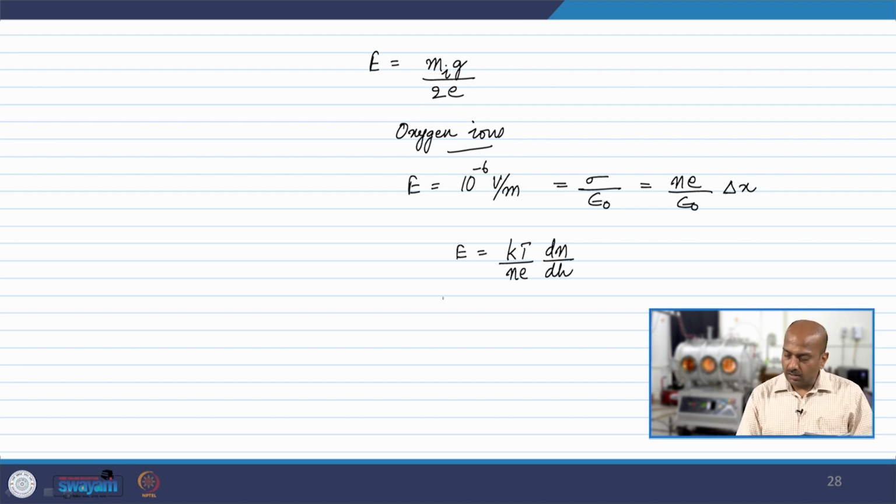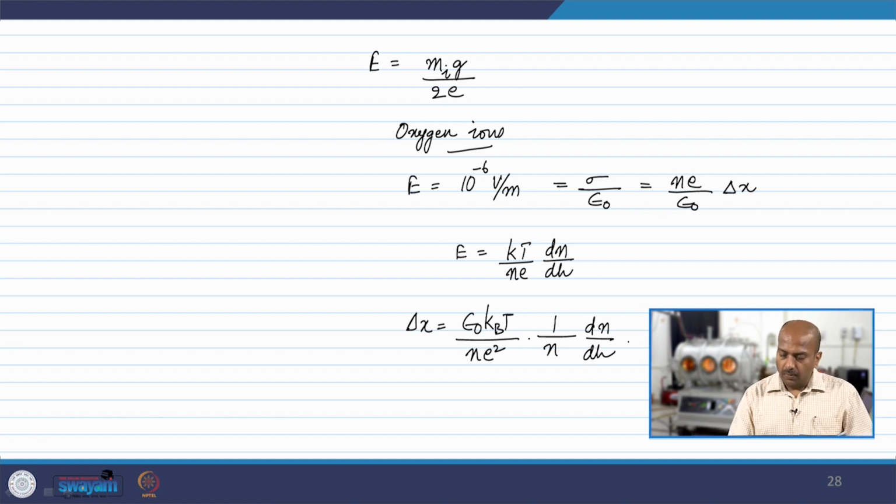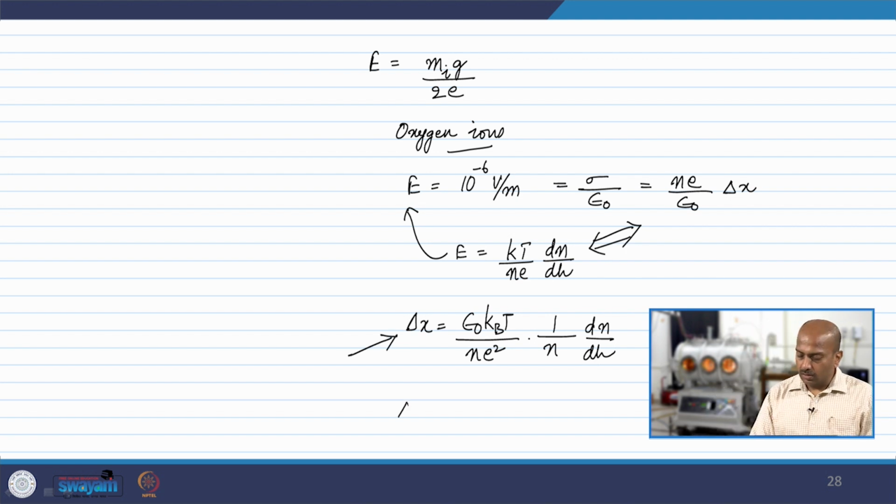Now, delta x can be written as epsilon naught kBT divided by Ne square times 1 by N dN by dH. Equating these two, I have written a relation for delta x. So, in terms of things that we know, delta x is epsilon naught kT by Ne square times 1 by N dN by dH.